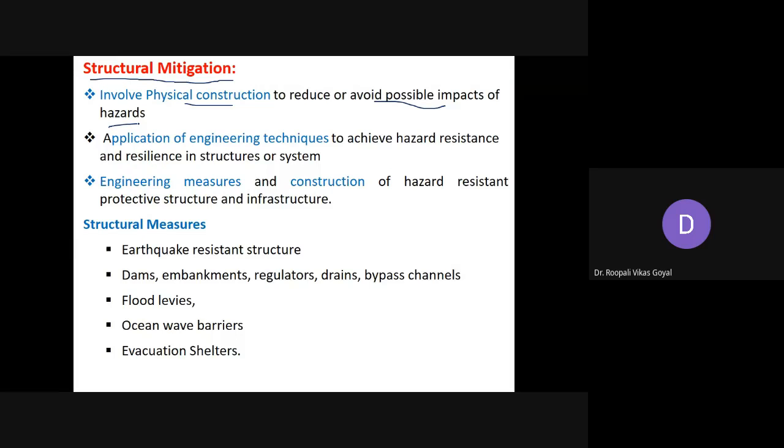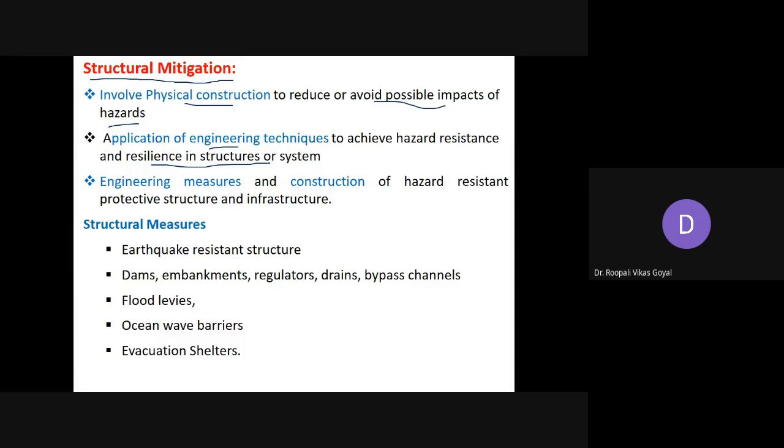What you have to do is apply engineering techniques to achieve hazard resistance and resilience in the structures or systems. Your structure should be hazard resistant, and if something happens, it should be resilient at the same time. That means after a disaster takes place, it can be easily recovered with a small effort. That is the meaning of resilience.